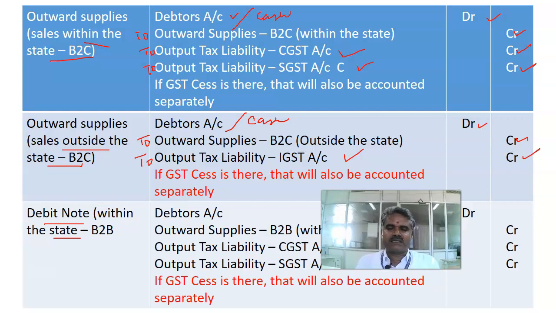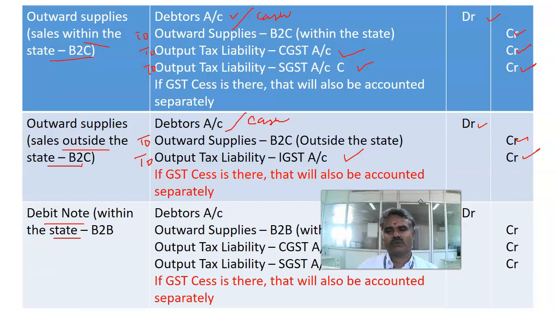So in these three situations, they have to issue a debit note. When they issue a debit note, you treat it as a further sale. So the entry which you passed for sales earlier, the same entry will pass here.